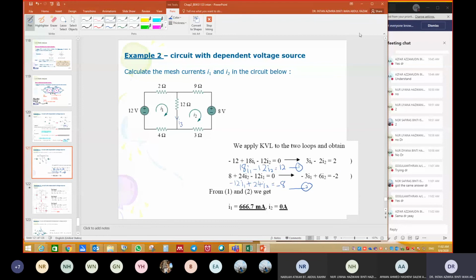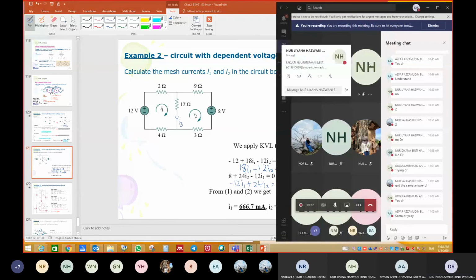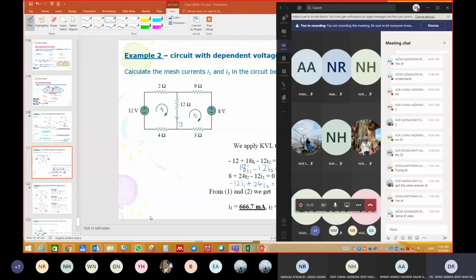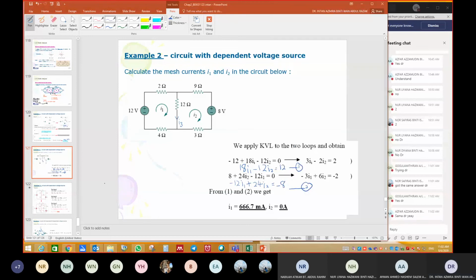What is I3? Iza, Afika, what is I3? You can write your answer at meeting chat. What is I3?